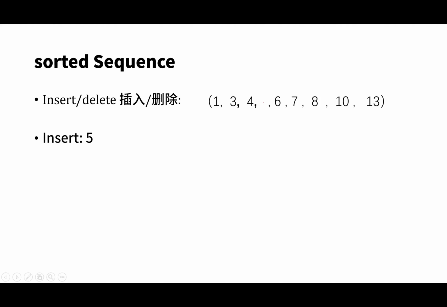Then we insert a 5 in this place. So for the sorted sequence, the binary search is very fast, but the insert may require many movements, which is time consuming.